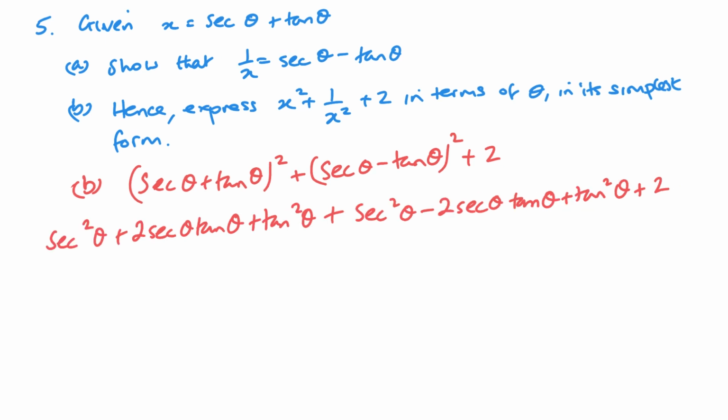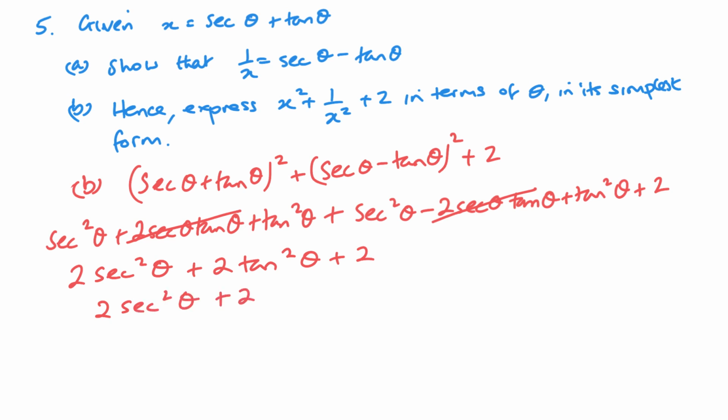Just move that over a little bit. So looking at what I've got, 2 sec squared theta. My 2 sec tan will cancel my negative 2 sec tan. I've got 2 tan squared theta plus 2. Now 2 sec squared theta plus, take 2 out here, and I get tan squared theta plus 1.